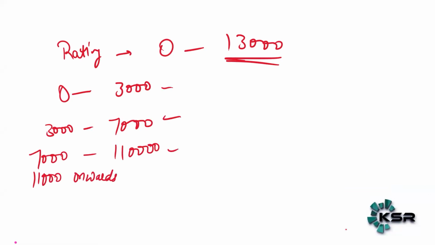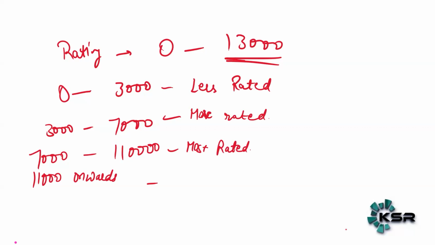These are four categorizations. For these I would say less rated, more rated, most rated, and for 11,000 onwards, high rated.